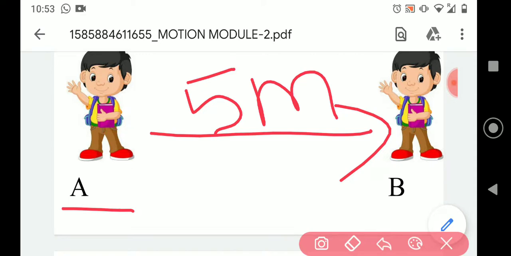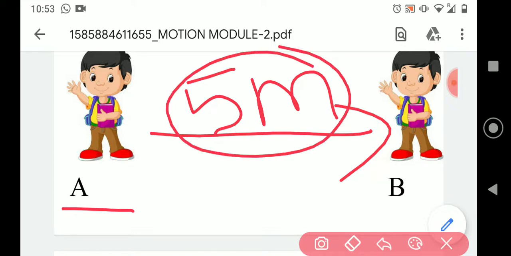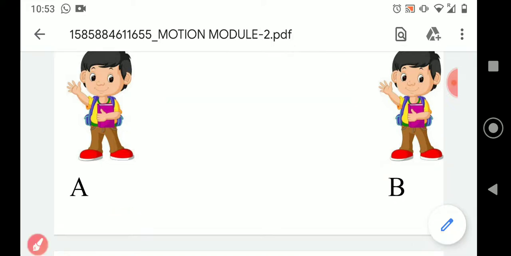In this case, what is the distance covered by the boy? 5 meter. In this case, what is the displacement of the boy? Again, it is 5 meter because the boy is going in a straight line. So when the object is moving in a straight line, distance is always equal to displacement.